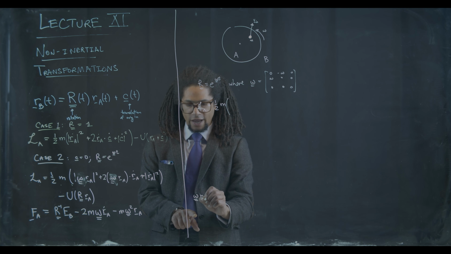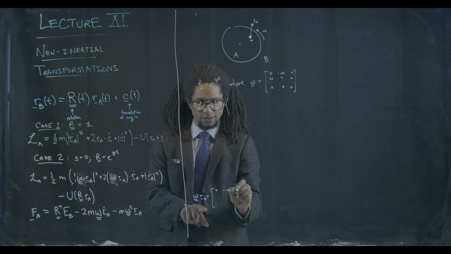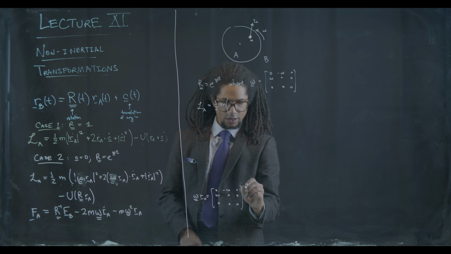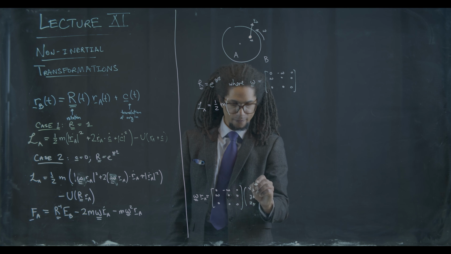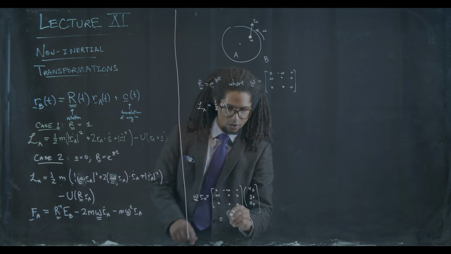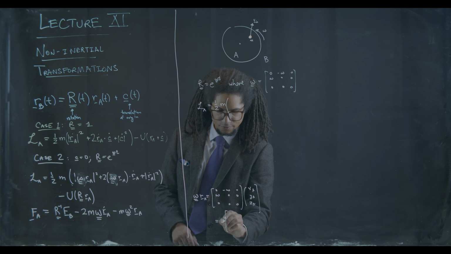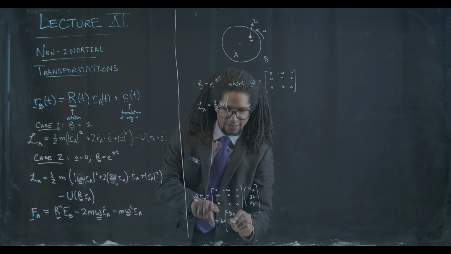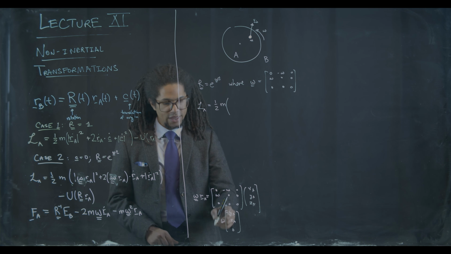Omega times R_A is equal to 0, minus omega, 0, omega, 0, 0, 0, 0, 0, times X_A, Y_A, Z_A, which is then equal to, well, an omega can just come out. Then I get minus Y_A, X_A, 0. Good. Okay, and then I need to square that.